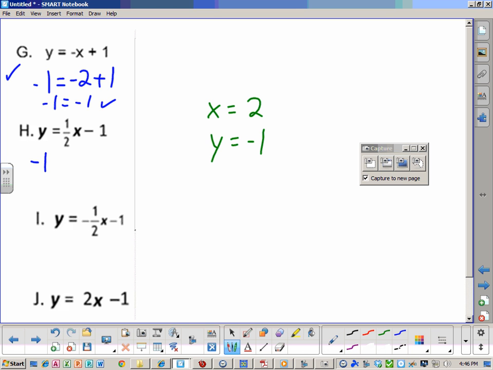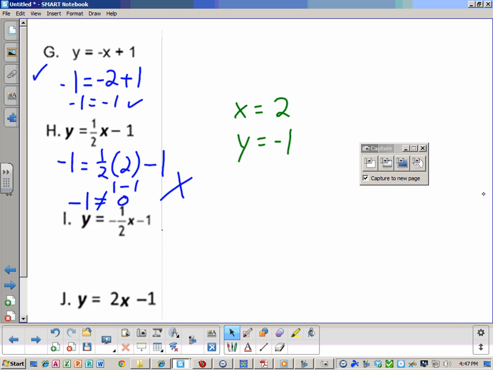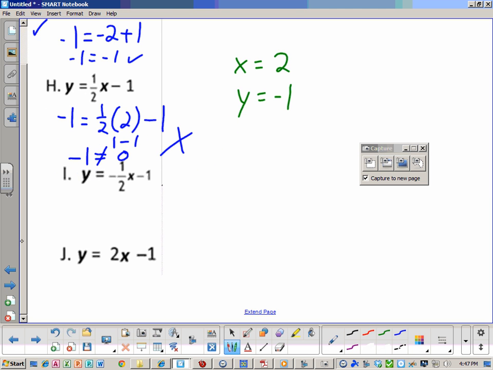Let's go here. If I put y here, then 1 half with a 2 for the x. Does that work out? Let me see. Half of 2 is 1. 1 minus 1 is 0. 0 does not equal negative 1, so false. No, not this one. Let's try the next one, I, which I'm going to try negative 1 here for the y.